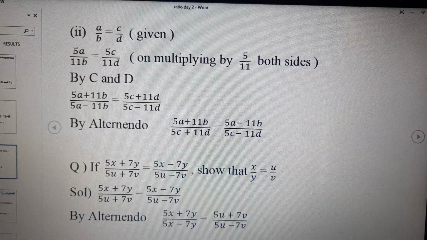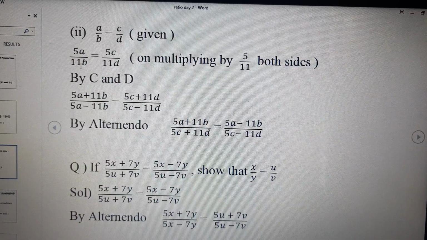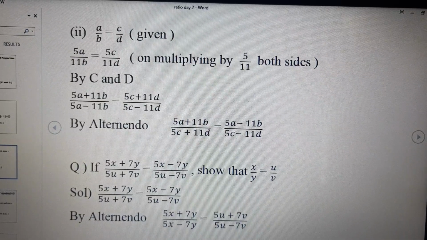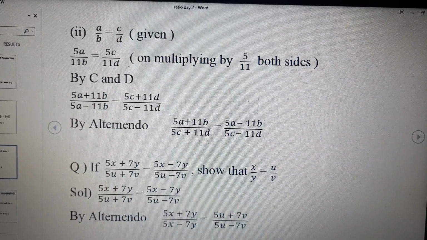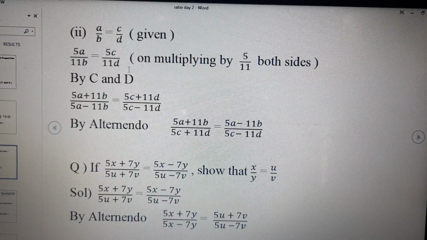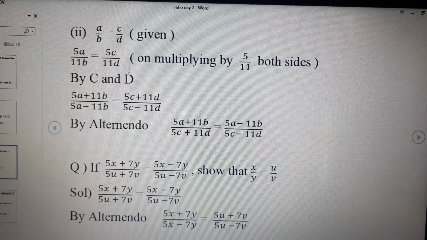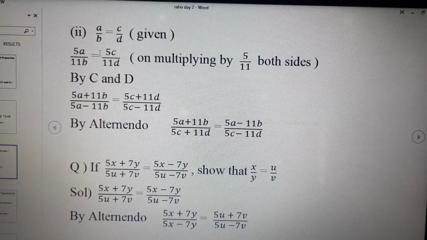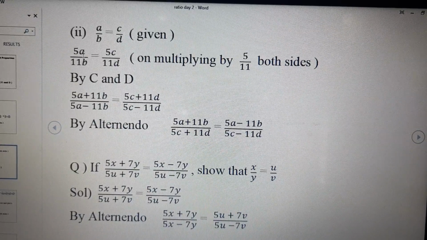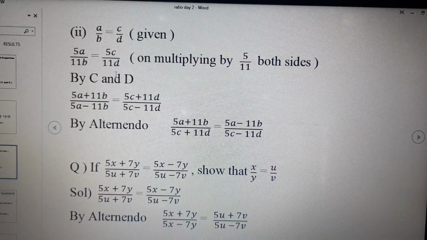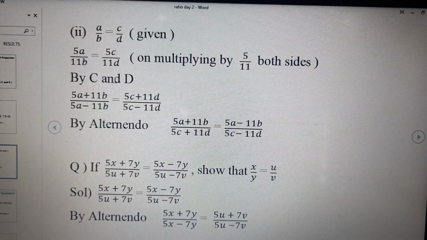On multiplying by 5 by 11, we will get 5A upon 11B is equal to 5C upon 11D. We will multiply both the sides in order to make them equal. Equality will not change if we multiply by 5 upon 11 both the sides.